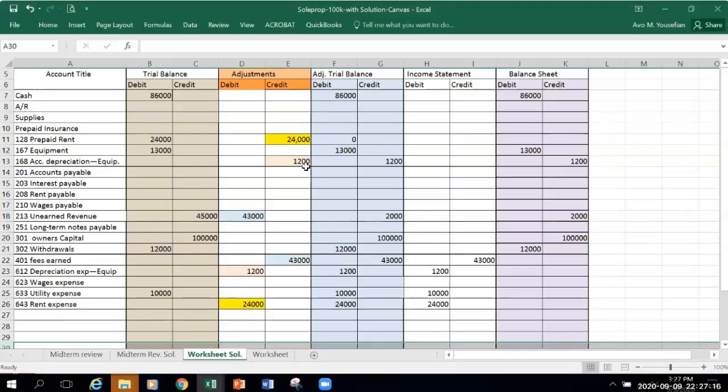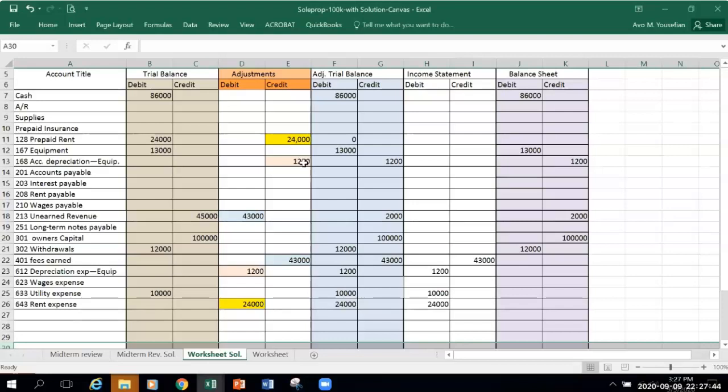Depreciation: you record that $1,200 annual depreciation should be recognized for this equipment, because when you purchase the equipment, you capitalize it. You didn't recognize the expense for it. And now this is the way you recognize expense every year for the next 10 years of useful life, whatever useful life you can estimate. So here is $1,200.